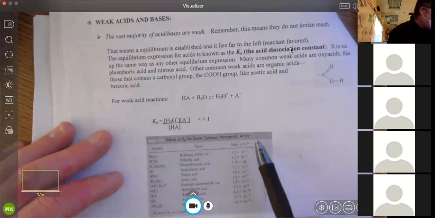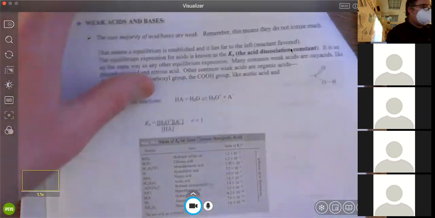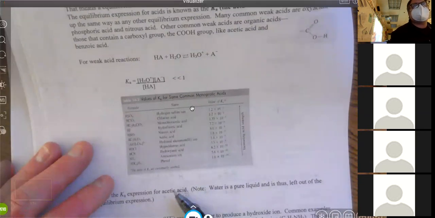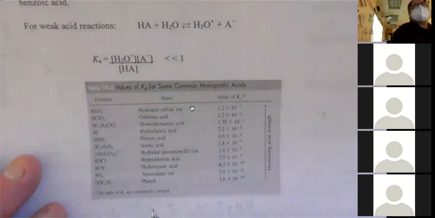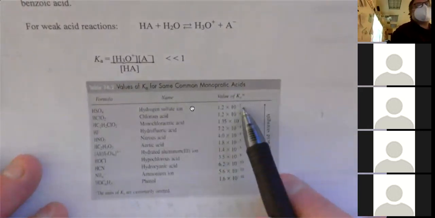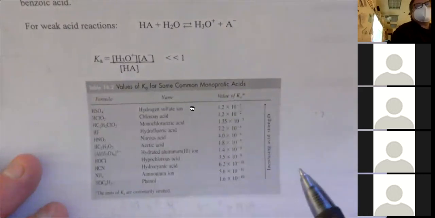All right, let's take a look then. Here is our table. Hopefully you guys can see this. If not, you can pull it up from the file. But these are the relative Kas for common monoprotic acids.